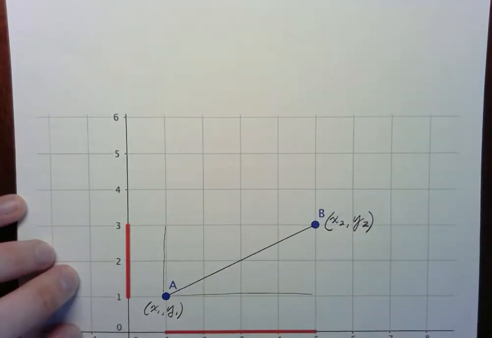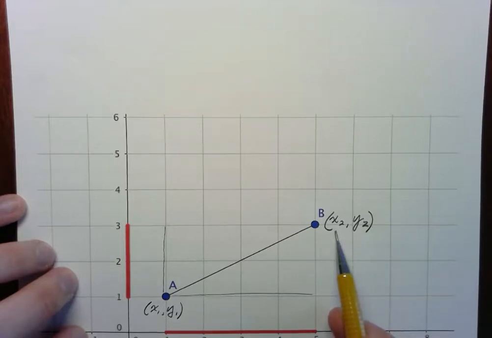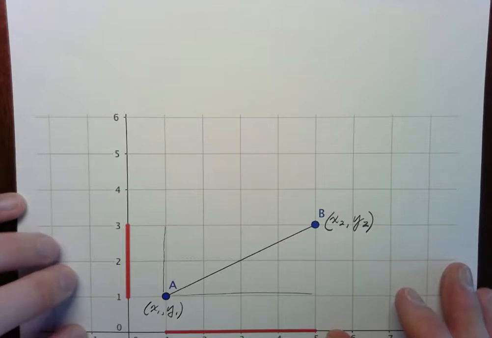And I know that this point is (1, 1), and I know that this point is (5, 3). But we're trying to develop this formula for the general case, for any points, okay? So this is going to have some x and y, and this is going to have some x and y. It doesn't matter what they are, it'll work for all points.